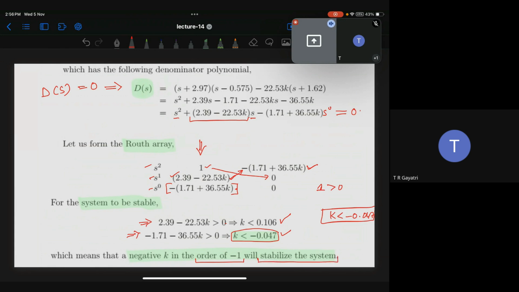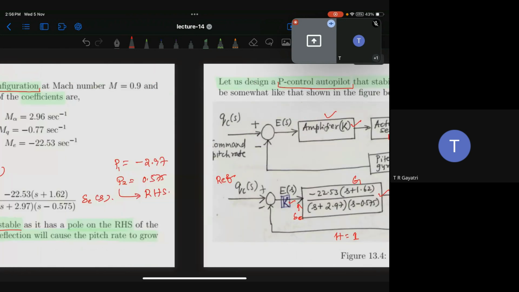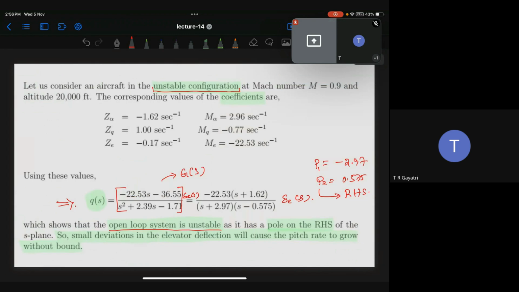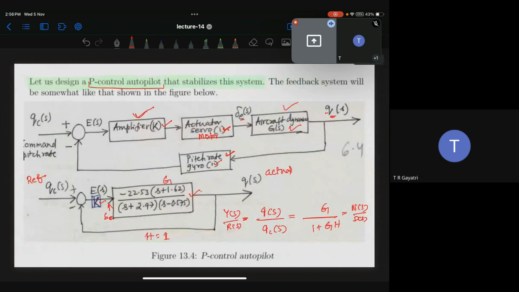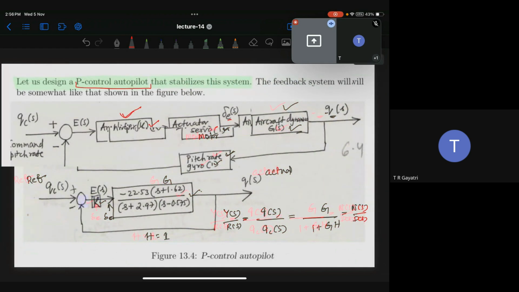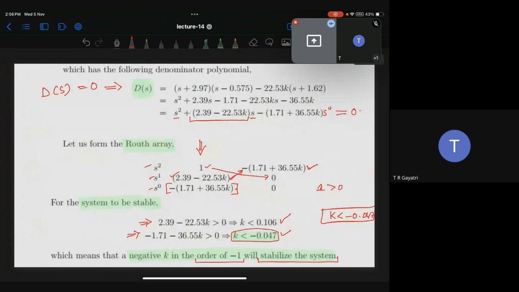Previously, without a controller, when you see here, one pole is on the right side and one is on the left side. When you add a proportional controller and apply the RH criteria, it gives us a range for the value of K. Whatever value you take in the orders of -1, -2, etc., will make the system stable.